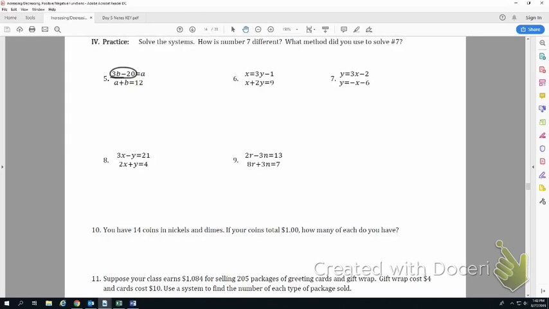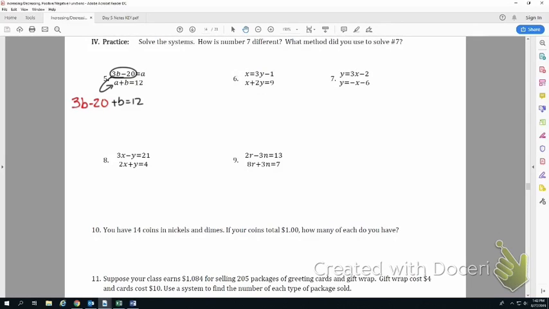I'm going to take 3b minus 20, and I'm going to plug it in right there for a. So because it starts off with that, I've got 3b minus 20 plus b equals 12. After that, I'm going to need to simplify that to solve for b.